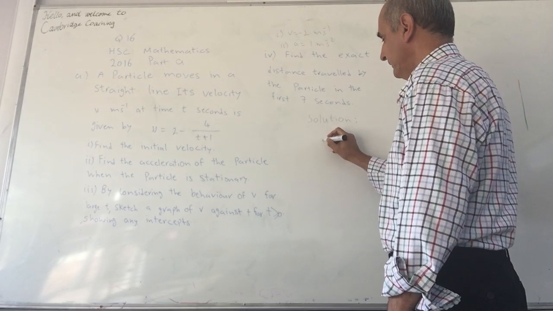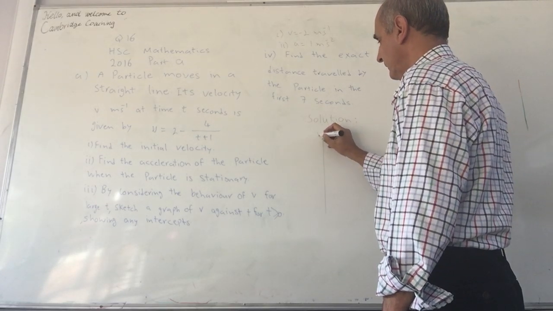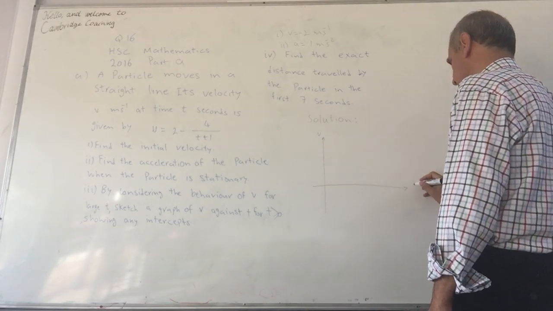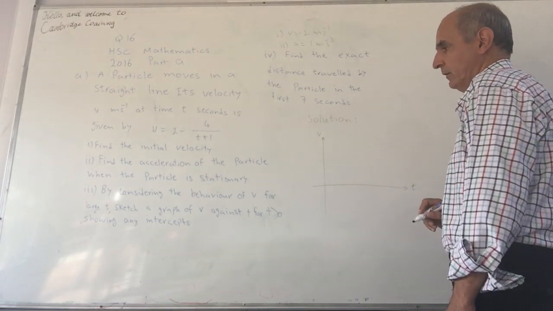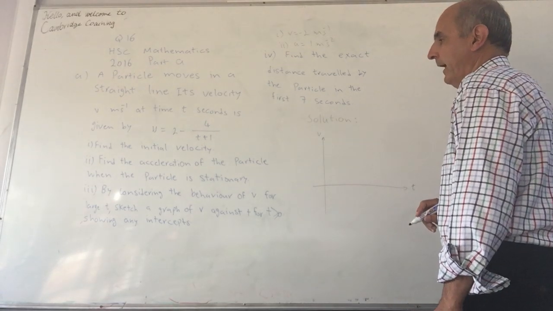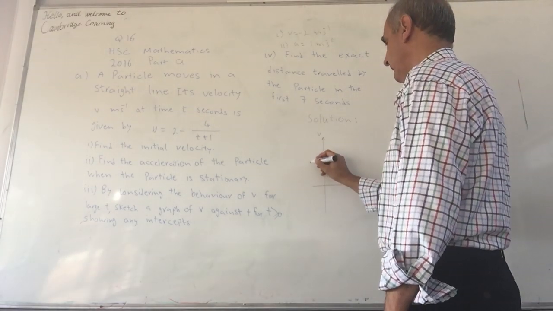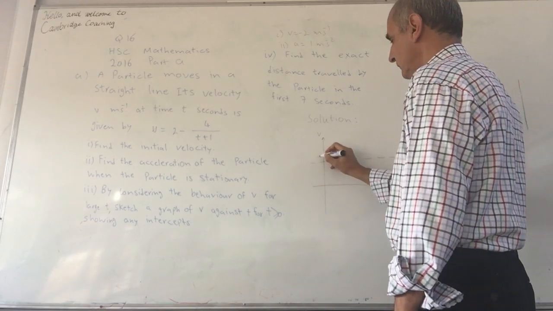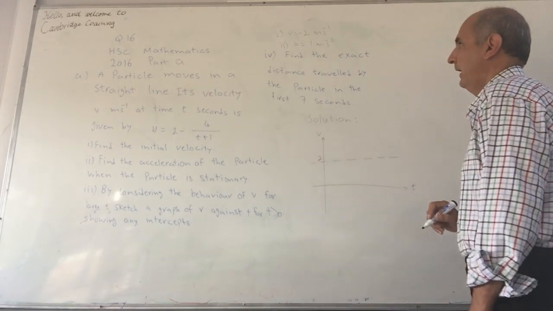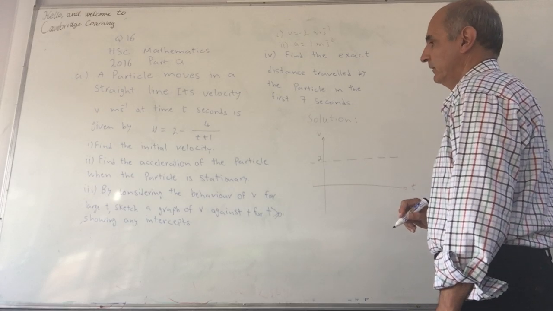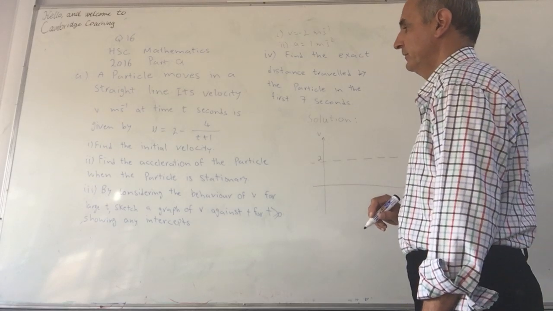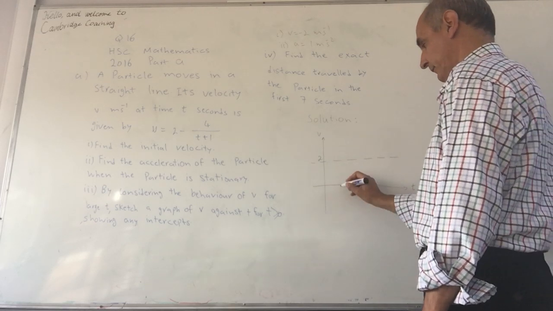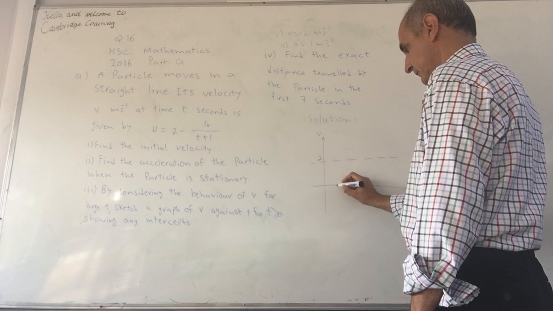To sketch that, I put v on the vertical axis and t on the horizontal axis. And I know that I have an asymptote at v equal to 2. And we know that the velocity was 0 when the time was 1, from the previous stage.